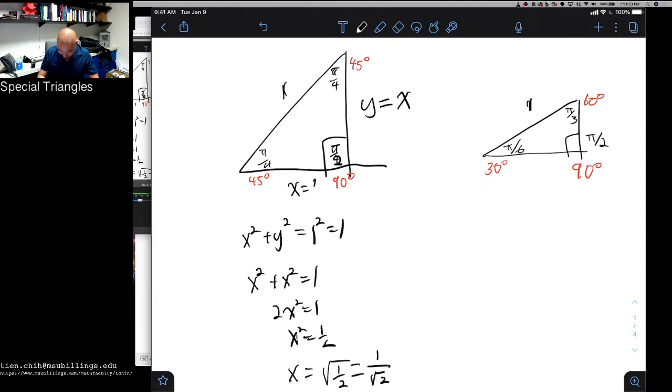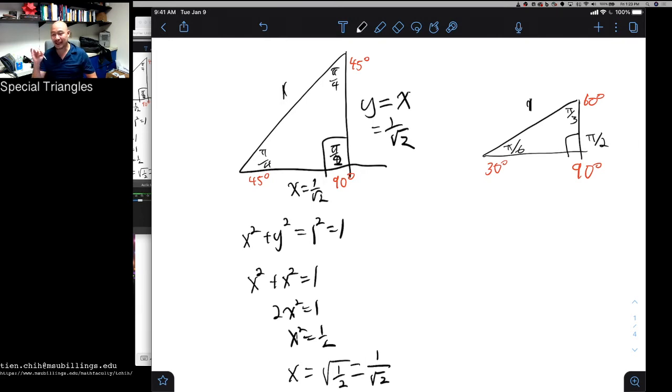So this is 1 over square root of 2, and this is 1 over square root of 2. That's what I'm going to write because it's easiest. And so whenever we have an isosceles triangle associated with the unit circle, we know that those two sides are the same, whenever we have this pi over 4, pi over 4, pi over 2 triangle.